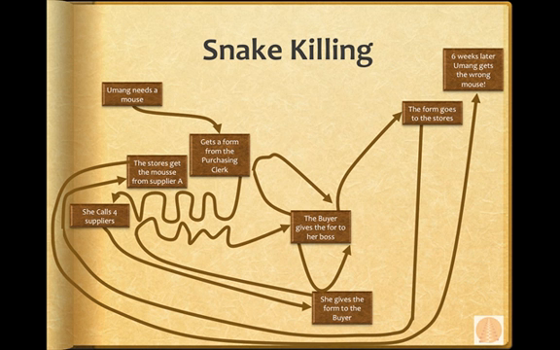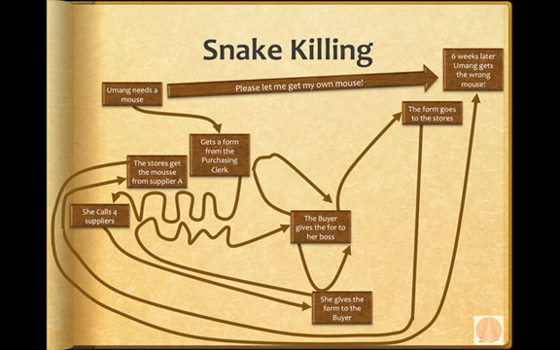Now, this little description sounds like a parody, but tragically it's very accurate for many things that happen in organizations. Clearly the thought in Umang's head is, let me just get my own mouse, please. If we allowed her to do that, that would be problematic.